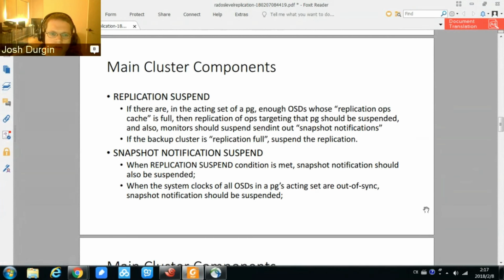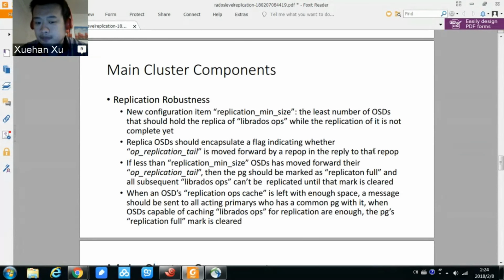I think the following circumstance should be considered: if all OSDs' replication cache for the PG is full, then there are liberator ops that are not replicated yet, and at this time, if some OSD goes down or all OSDs of the PG go down, those liberator ops should not be lost.